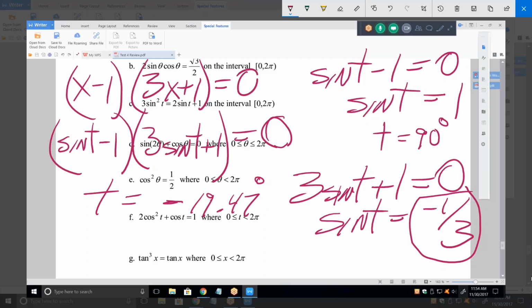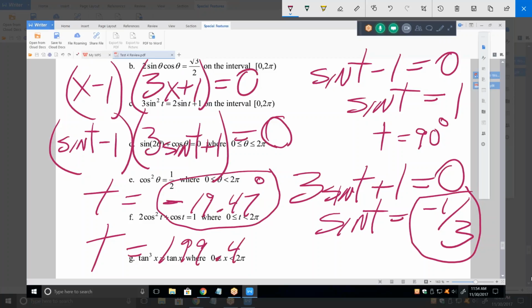But we also know sine is negative in the third quadrant. So what's the equivalent angle to that negative angle, which is in the fourth quadrant? You add it to 180, you get 199.47 degrees.